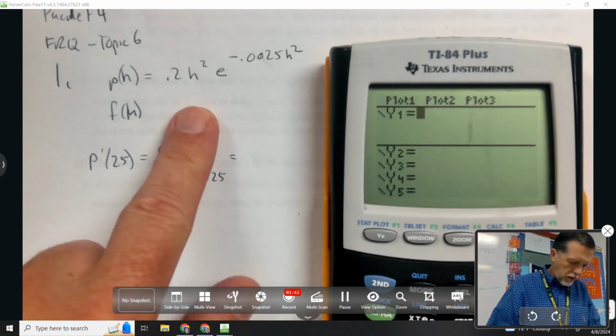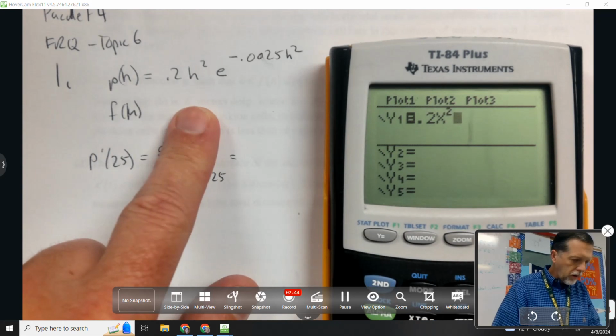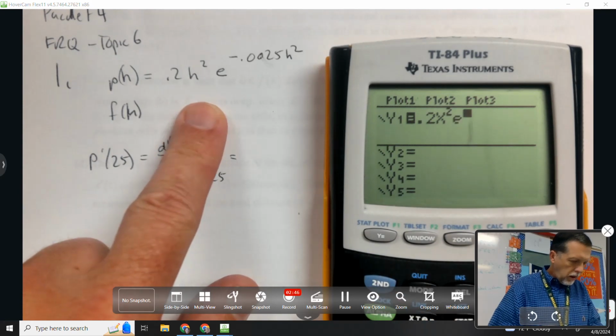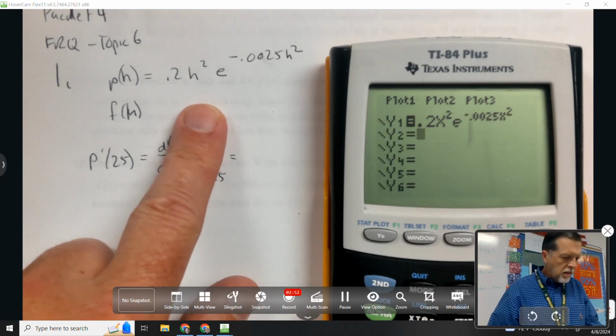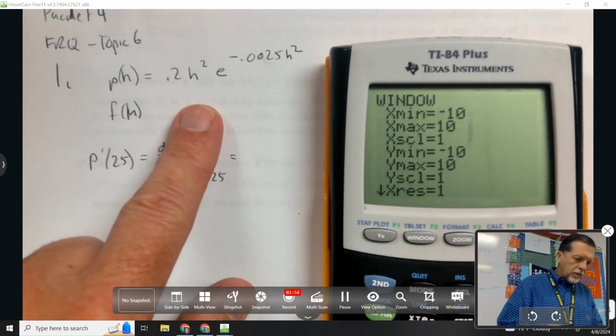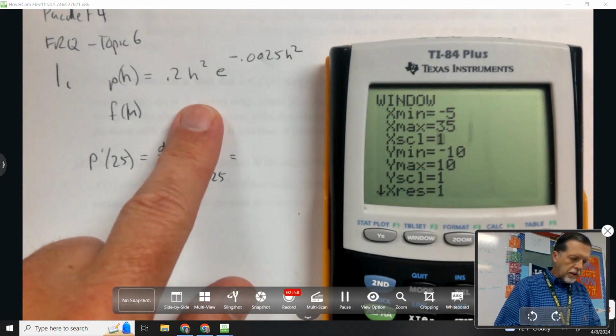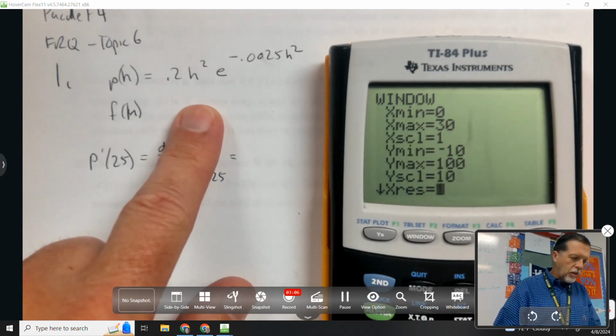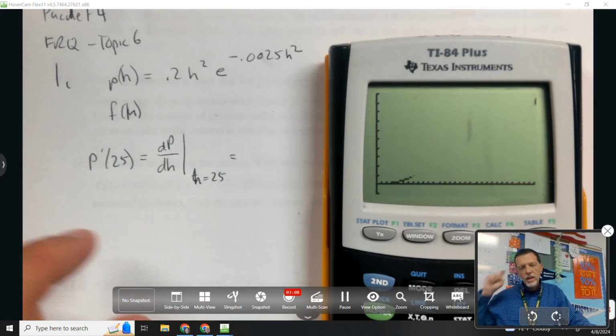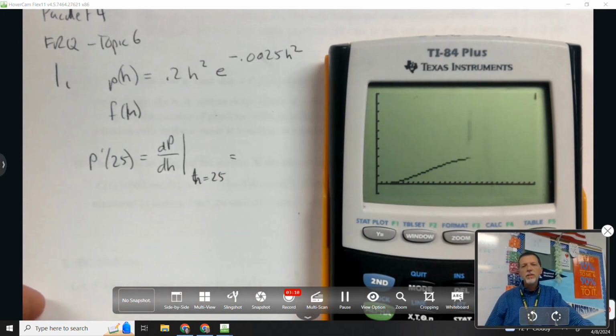Okay, so y equals 0.2 x squared e to the negative 0.0025 x squared. I don't know that the graph is really going to be that helpful to me. I know that I'm really only concerned about 0 to 30. Density will probably never be negative. I have no idea what my y scale should be. I went to 100.